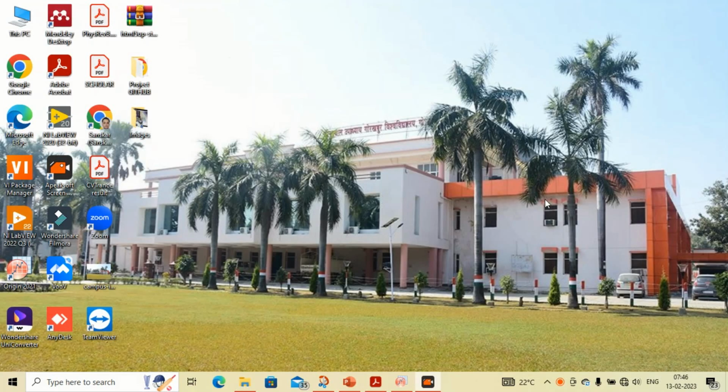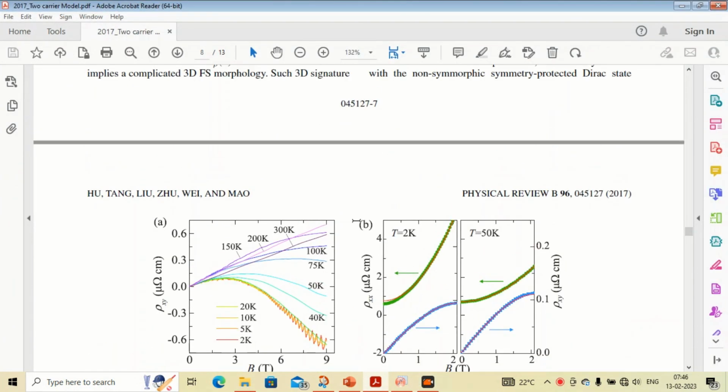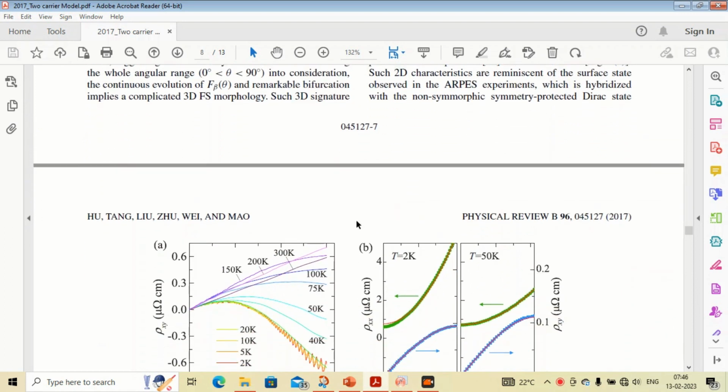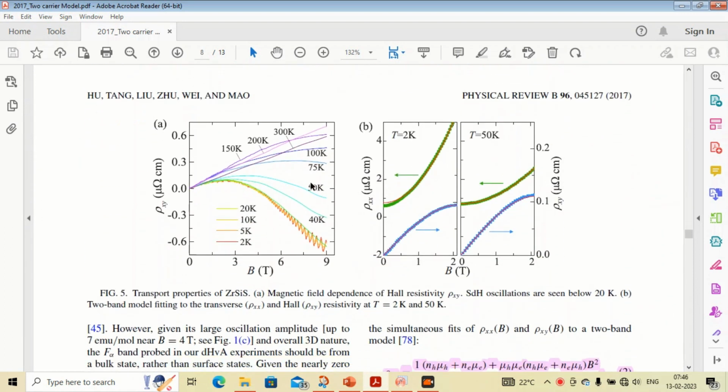So in today's video I will show you how to fit two curves simultaneously in Origin. You have seen Hall resistivity and longitudinal resistivity. What happens when we measure magnetoresistance of a crystal is that we have two kinds of resistance.